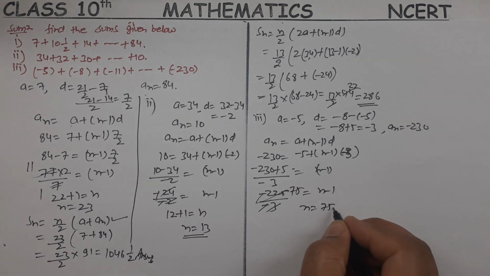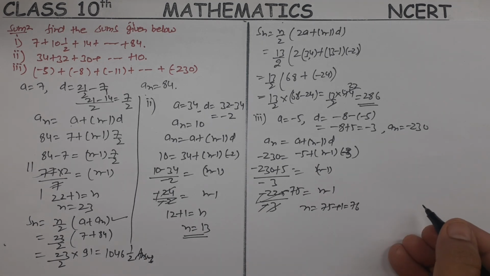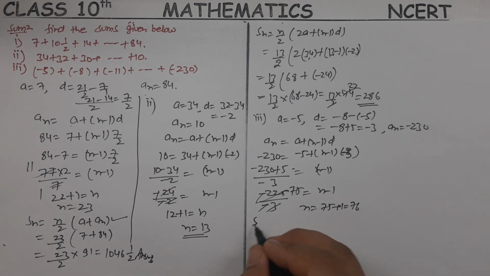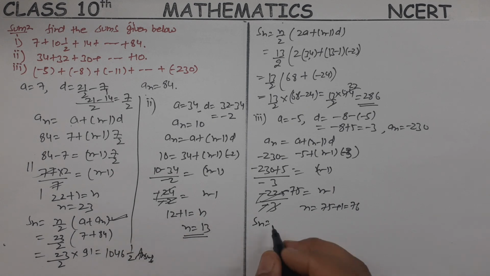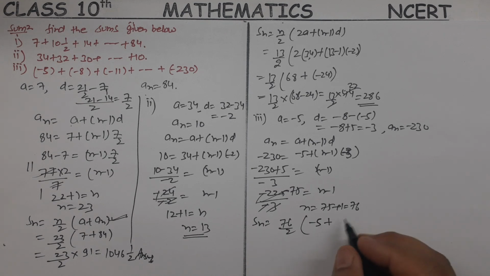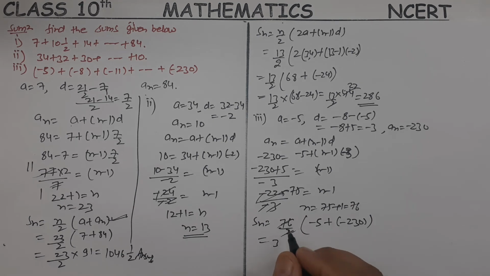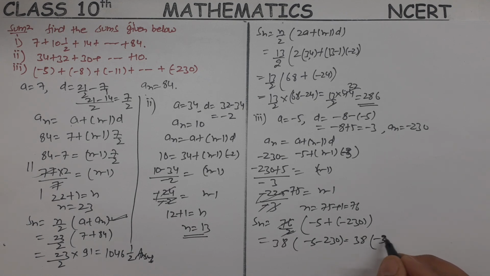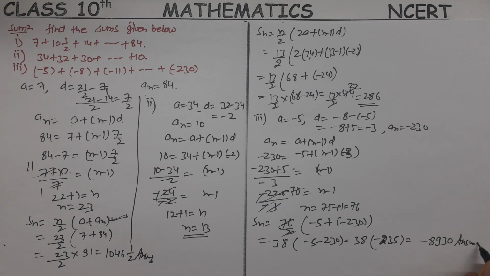Here n is 75 plus 1, which makes 76. Now Sn, apply this formula: 76 by 2, a is minus 5 plus an is minus 230. Now multiply. After multiplication we have minus 8930 as the answer.